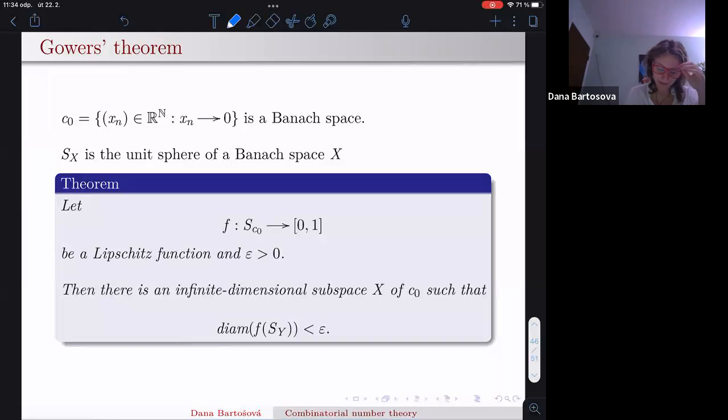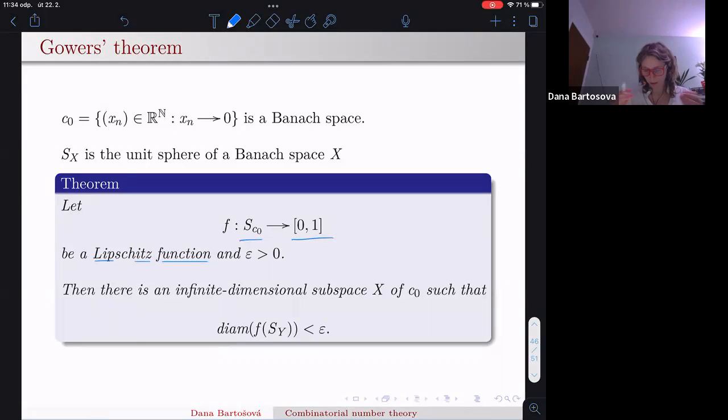And it has a flavor of Ramsey theory of finding something that's monochromatic, but because we are in the world of Banach spaces, which are continuous rather than discrete objects, and they have epsilons, then we are going to look for something that's epsilon monochromatic rather than monochromatic, and our coloring is not by finitely many colors, but by colors in a compact space. So you can think of this as coloring this sphere by colors from the compact interval 0, 1 in a Lipschitz manner.